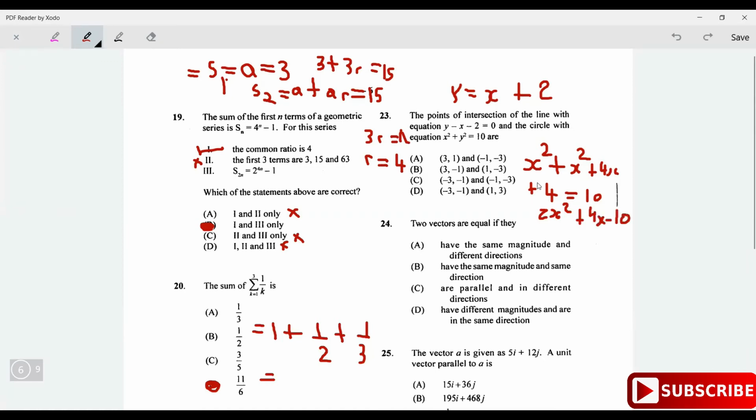So we divide through by 2. Oh, sorry, when I bring over 10, 4 minus 10 is minus 6. I made an error right here. This should have been minus 6.